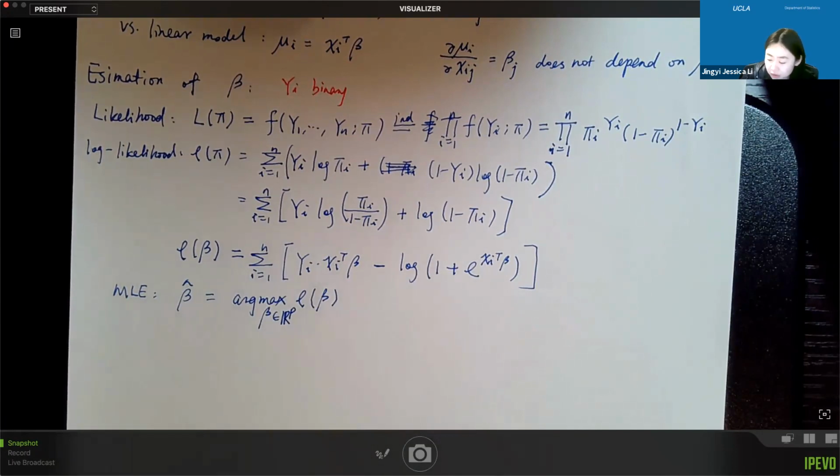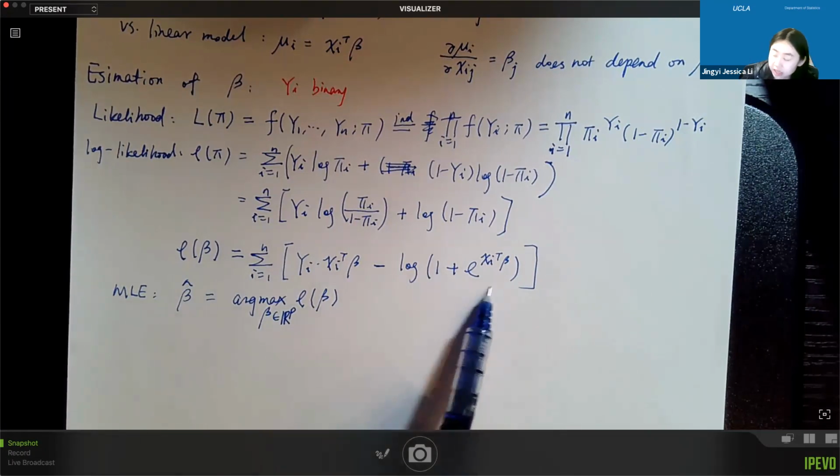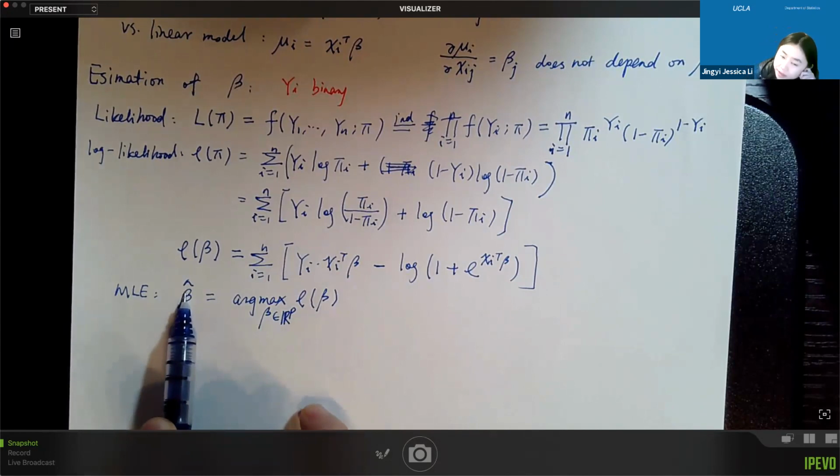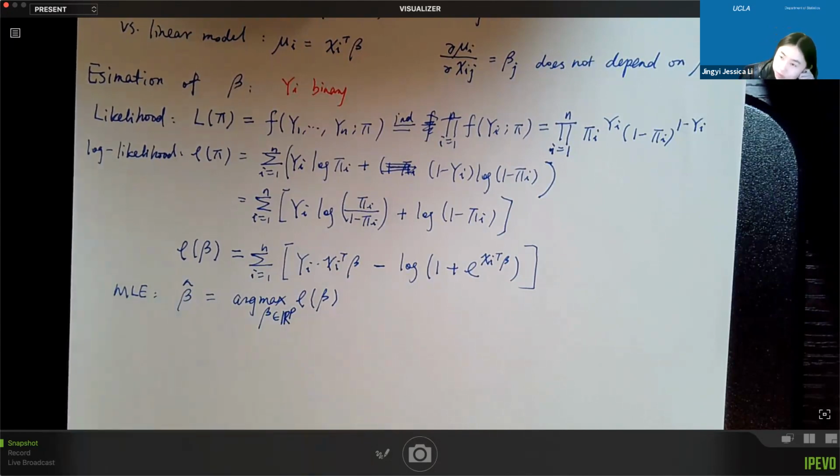If it doesn't have a closed form, which is the case here, which means that we cannot easily set the gradient to 0 and solve for the p coordinates in beta hat, then we need some computer algorithm to solve this optimization iteratively. And that's the general case for GLMs, generalized linear models.